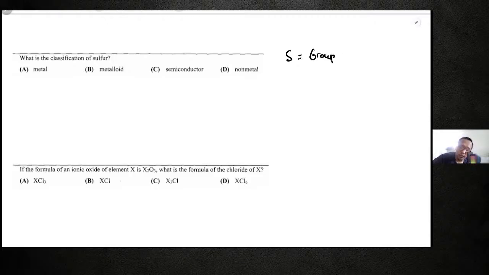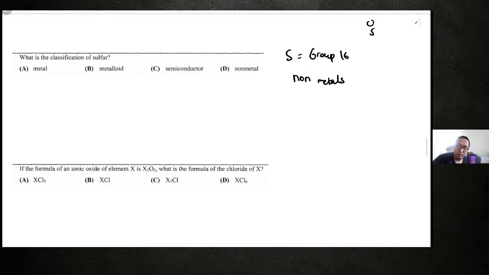Like we know, O and S are in the same group, 16. Elements in this region are typically non-metals, because we can see it's oxygen, and we understand oxygen is not a metal, so it should be a non-metal. And sulfur is not metallic, not a metalloid, and not a conductor either.